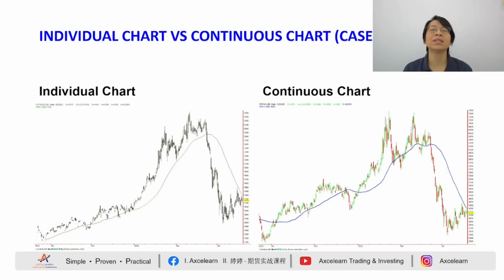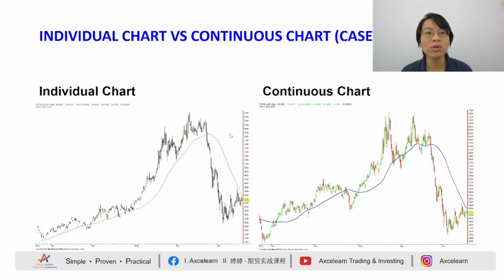Now, some of us, when we do back testing, sometimes go for the individual chart. But generally, for the majority of retailers, when you do your back testing or your technical analysis, you should focus on the continuous chart. You will not be too wrong. Subsequently, you will understand that only in certain circumstances will you do your analysis or back testing based on the individual chart.